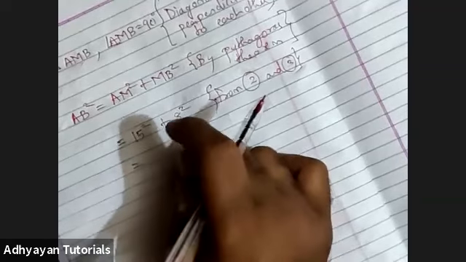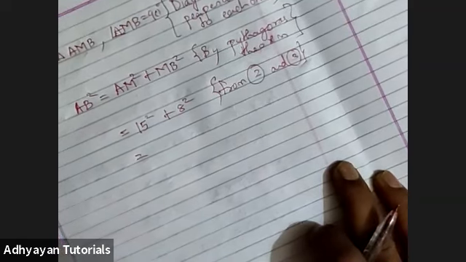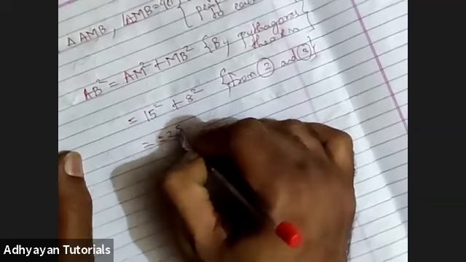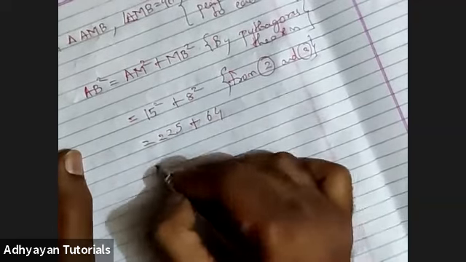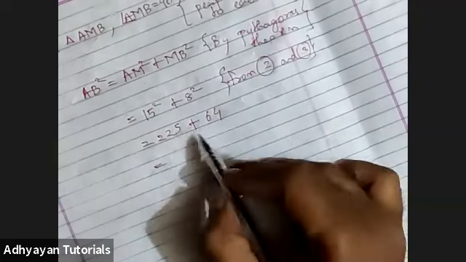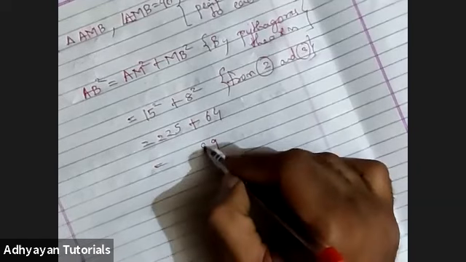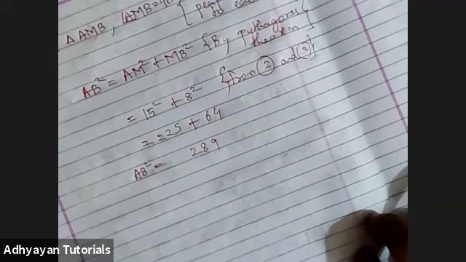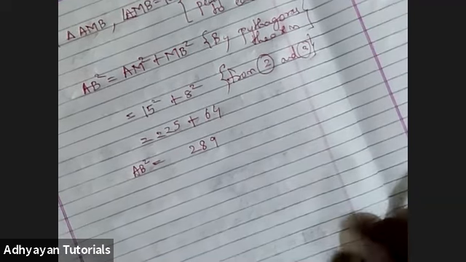Okay, 15 squared is 225, if I am not wrong. Can someone confirm? I guess it is correct, right? And this is 64. Just help me here if I'm wrong. Yeah. So adding those, the answer is 289, right? So AB square is 289, and I believe 289 is nothing but the perfect square of 17, if I am not wrong.